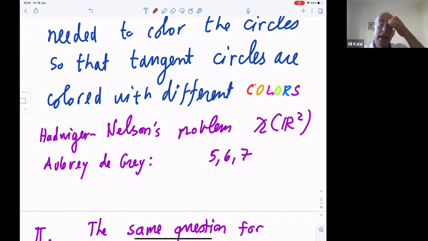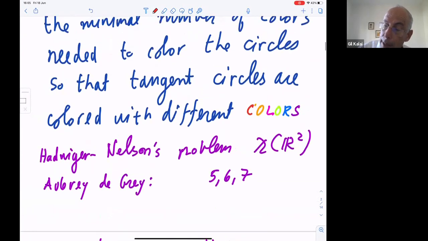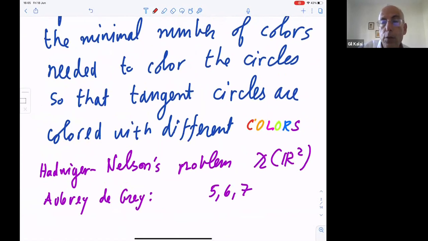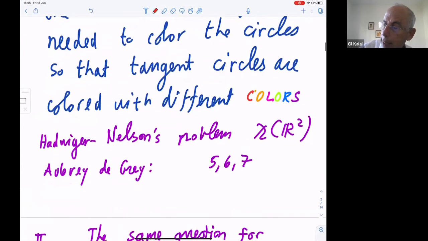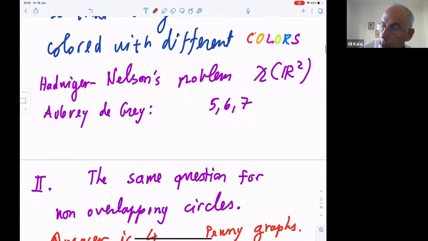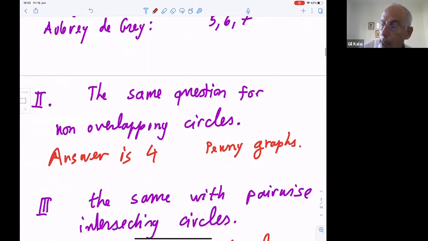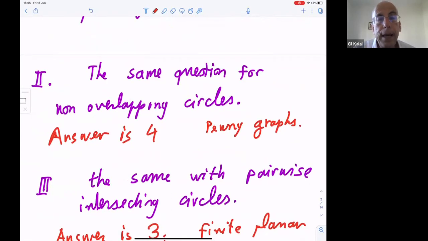This is a very nice problem. The reason I stated it with circles is that it will allow us to discuss some more general problems.